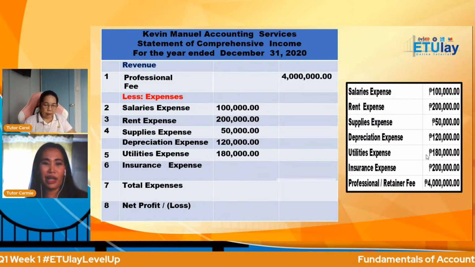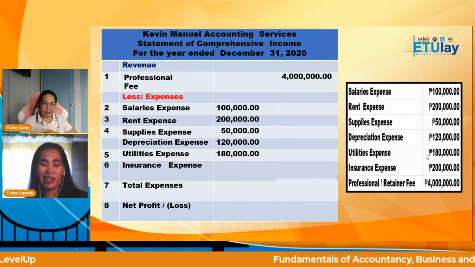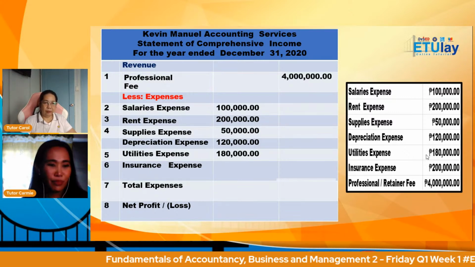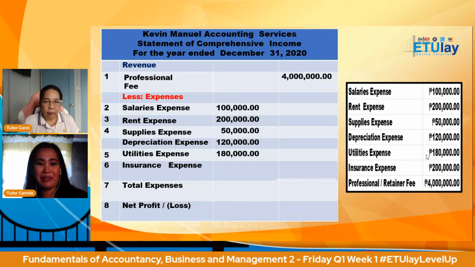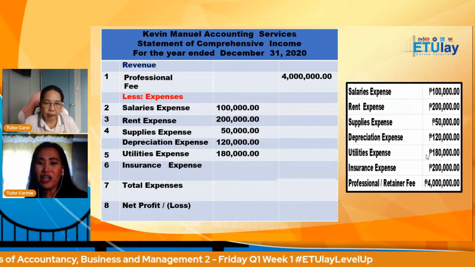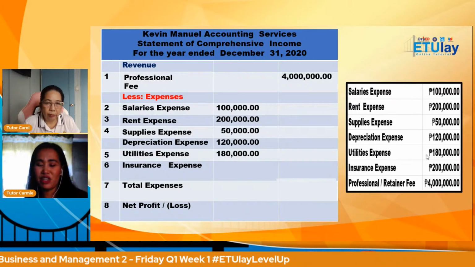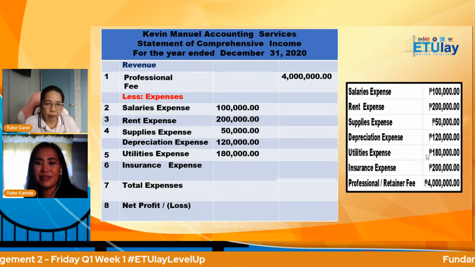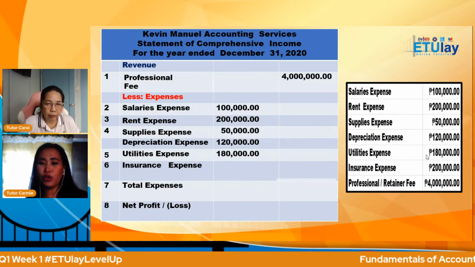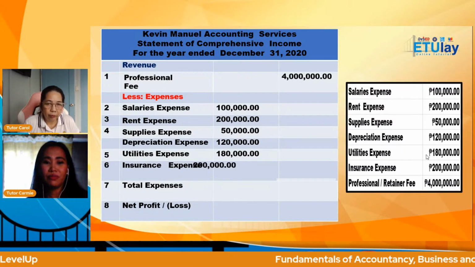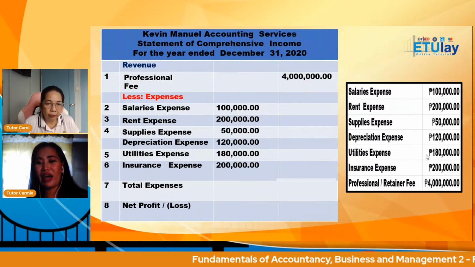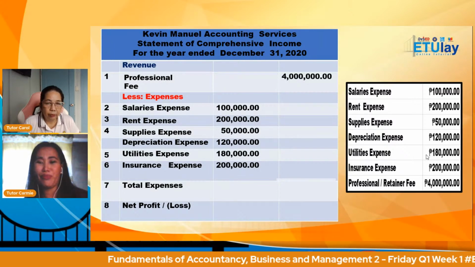Mukha pong maraming nakakuha ng tamang sagot po. And how about our next po? Insurance expense. Magkano po ang ating insurance expense based on our trial balance? Tignan natin kung tama po ang sagot ninyo. Yes, it's 200,000. Okay, salamat po.